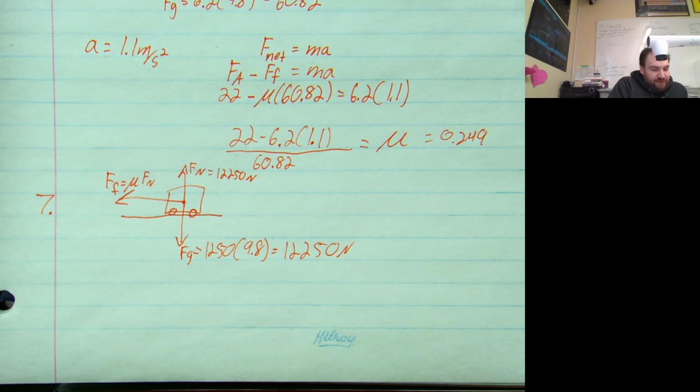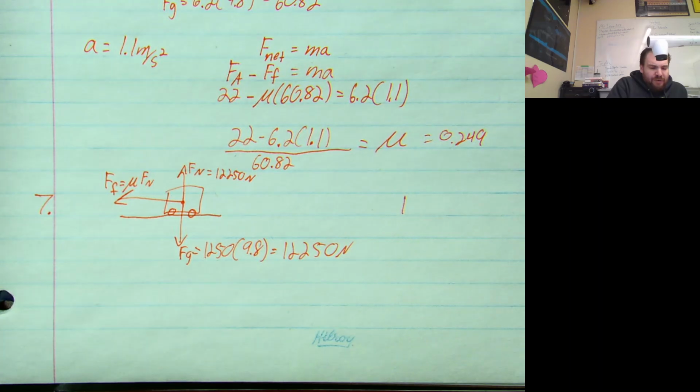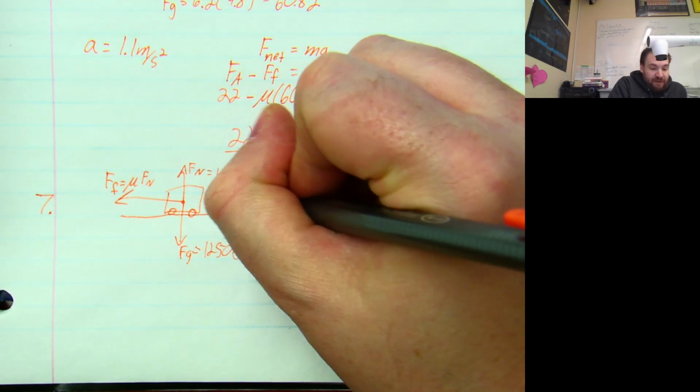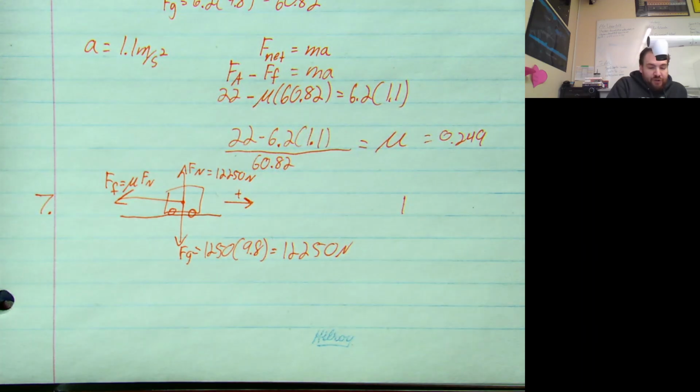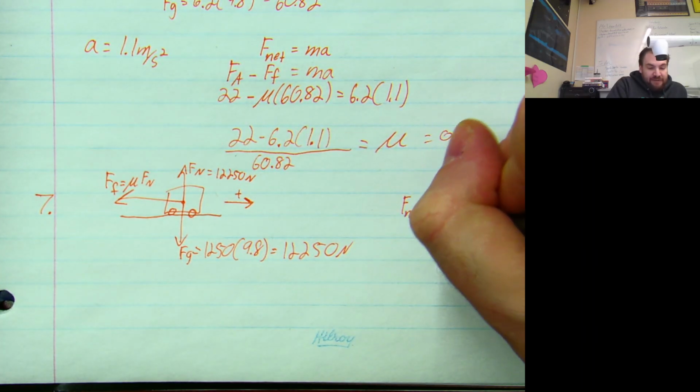The force of friction is mu FN. Is that it? Must be. Which direction do you want to call positive? We're going to the right. It's positive. Okay. So then let's plug this thing into F net equals ma.